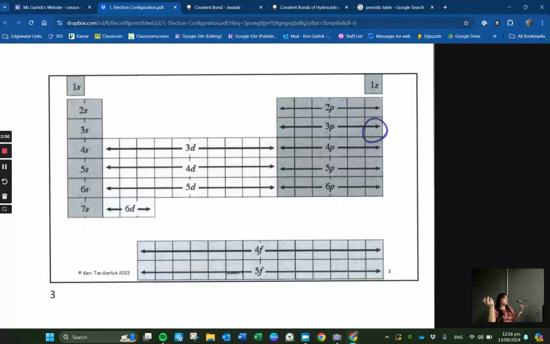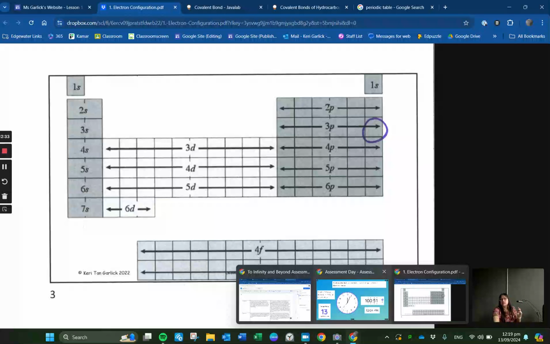It's just saying there's an empty D shell here, and we can start putting things in here if we need to. You don't actually have to do any of that for the assessment. It's just trying to explain the theory of what's going on. When we talk about extended octet, we're just talking about larger molecules. These larger molecules can form because they can now occupy that 3D subshell, or an empty 4D, just like an empty D shell.